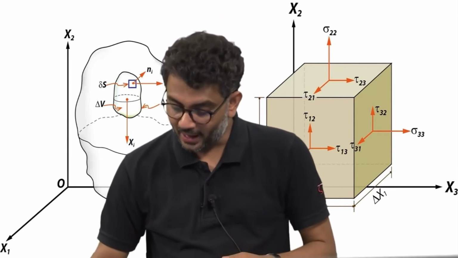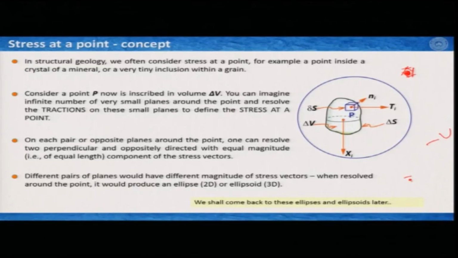That means, if I have a point here, the magnitudes in these two cases are the same, but their magnitudes are different in the other two pairs.